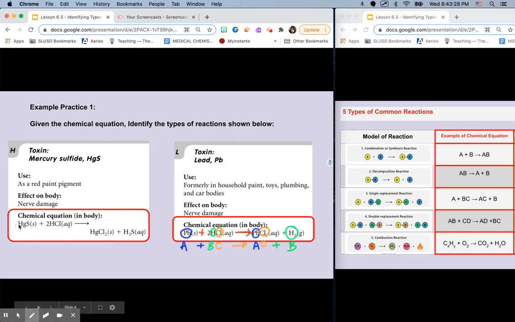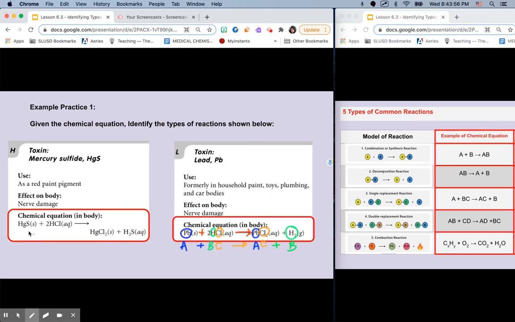So for example, this one, notice that there's a plus sign before the arrow and a plus sign after the arrow. So the only ones that look like that are single replacement, double replacement, and combustion. And if I look at the products, the product is not CO2 or H2O, so this cannot be a combustion reaction, right?